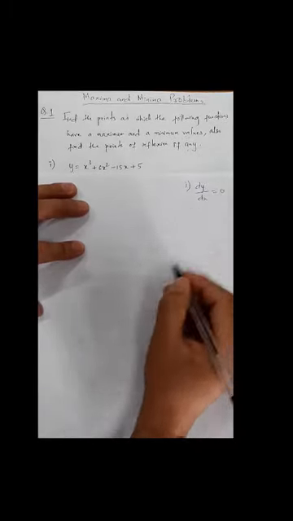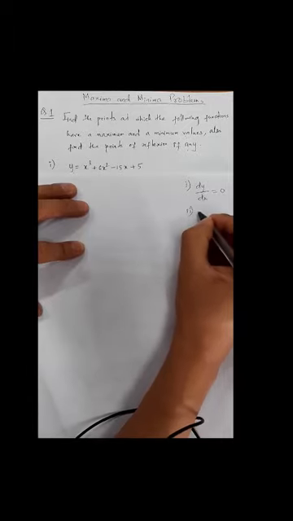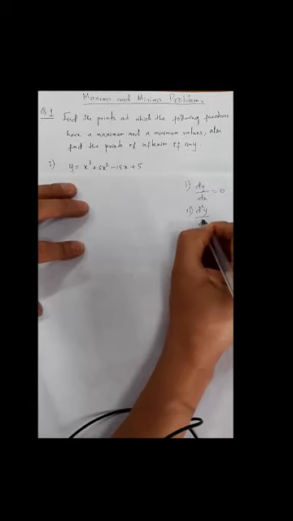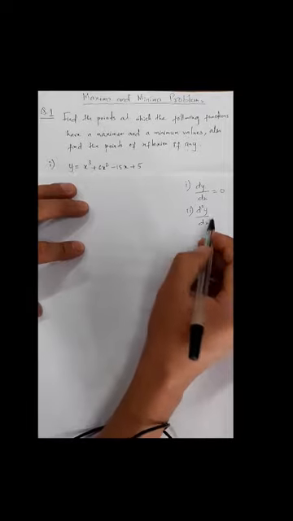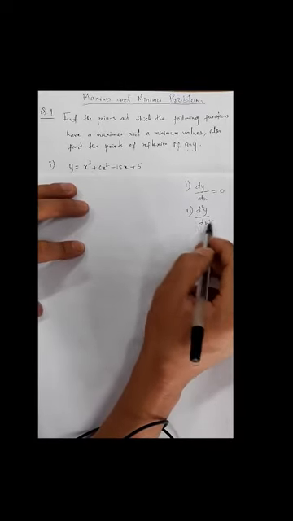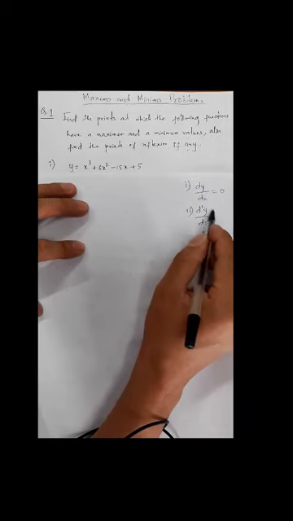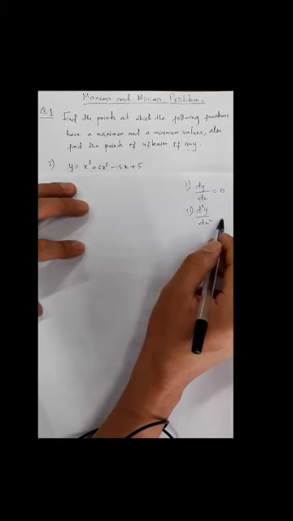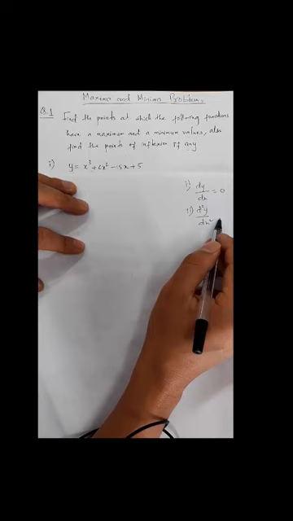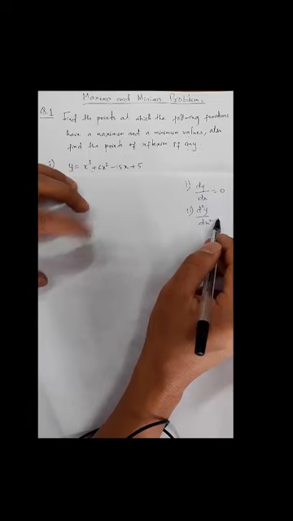For that, you need to check the condition dy by dx equal to 0, and you need to see what the value of the second order derivative is. If the second order derivative is greater than 0, which means it is positive, the given function is going to be minimum. If it is less than 0, it's going to be maximum.